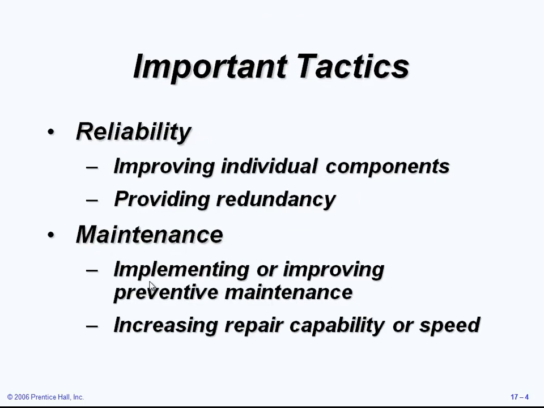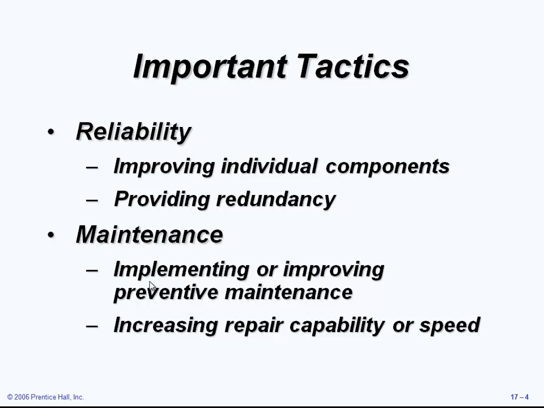So what are the tactics that can be followed to ensure better reliability and less maintenance? For reliability, we have two tactics, which is improving individual components and providing redundancy.